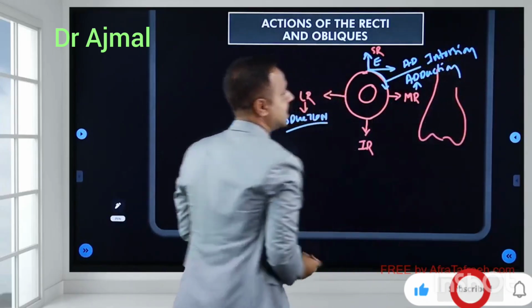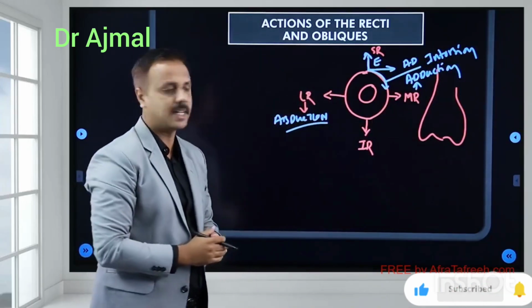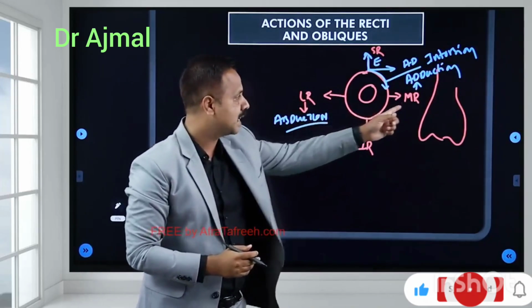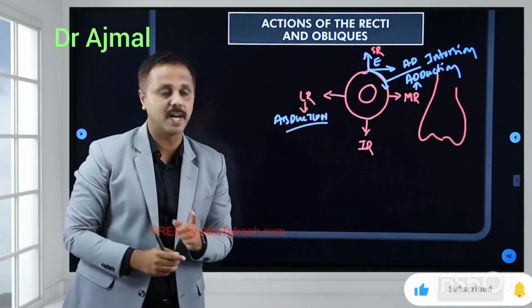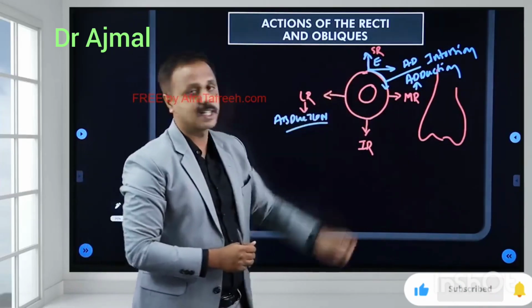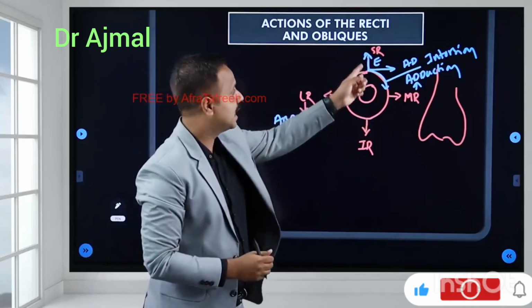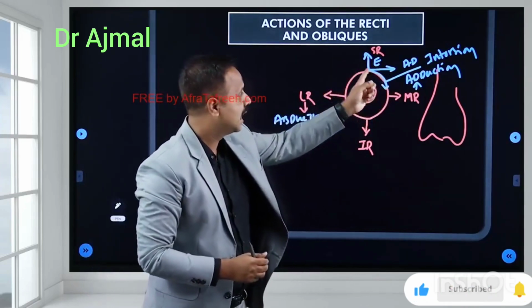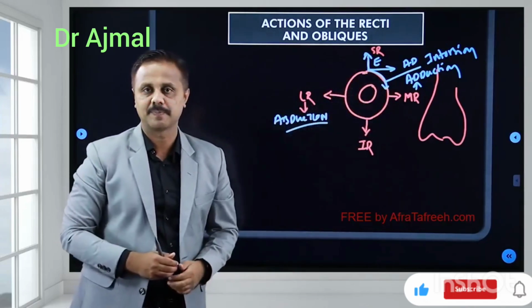This is referred to as intorsion. Done? So, action of medial rectus and lateral rectus are only one. It is adduction and abduction. But superior rectus, if we observe, it can cause elevation, then adduction and also intorsion.